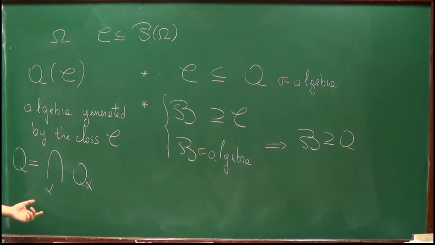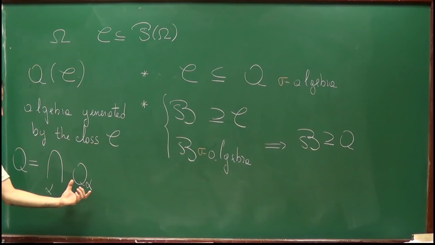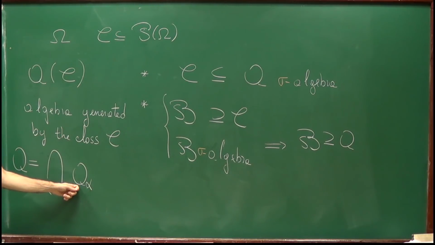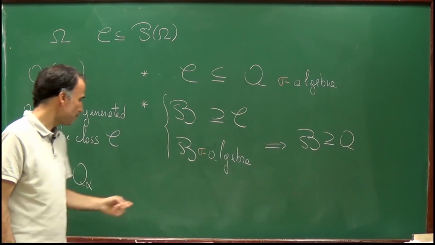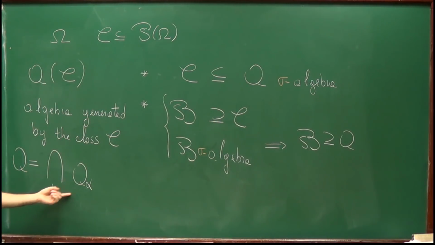And how do I do that? Well, I just repeat the same argument. I consider here the class of all sigma-algebras which contain the set C, the class of subsets of omega C. And I define A to be the intersection. We have seen that A is a sigma-algebra. Since each sigma-algebra in the intersection contains C, A contains C. And any sigma-algebra which contains C must contain A because it belongs to this intersection.